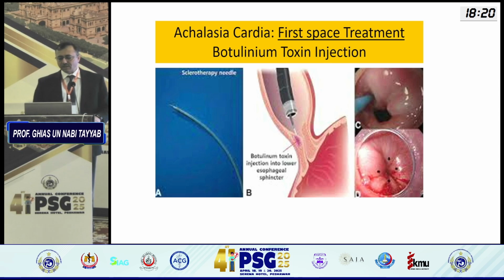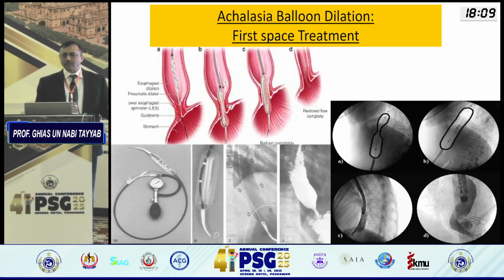And what are the different treatment options? First space treatment in achalasia is botulinum toxin that we have always been doing, or the balloon dilatation. So balloon dilatation and botulinum toxin are the two first space treatments used in achalasia cardia.